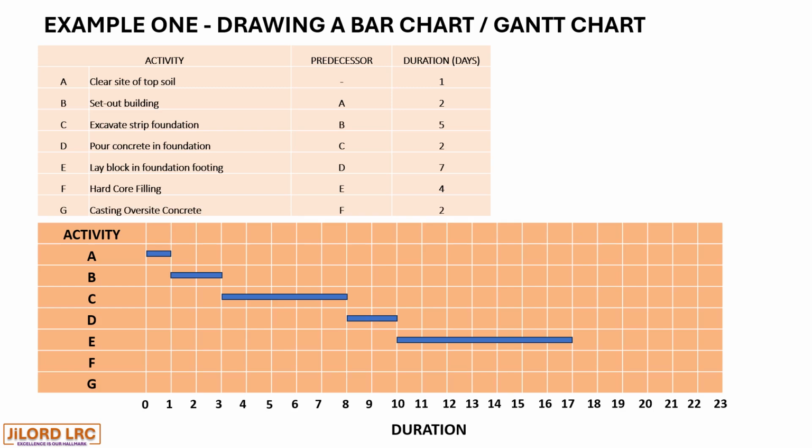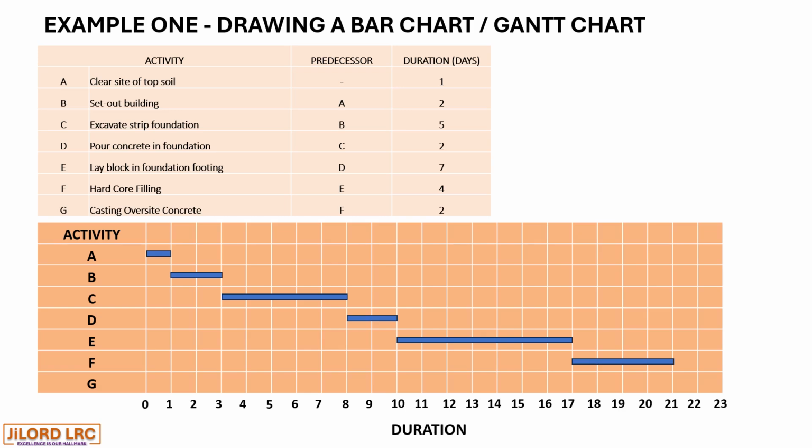Activity F commences at the end of activity E. In other words, activity E is the predecessor to activity F, which is hardcore filling, with a duration of 4 days. It starts from day 17 and ends on day 21.